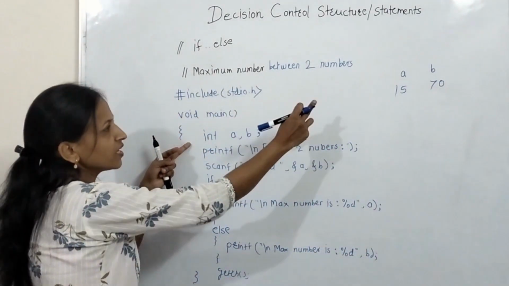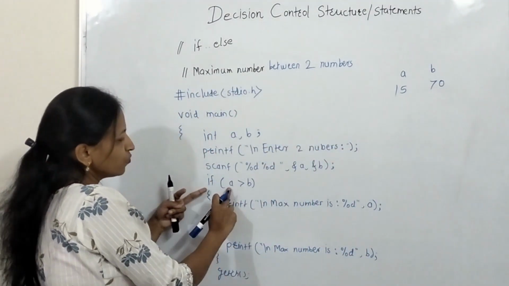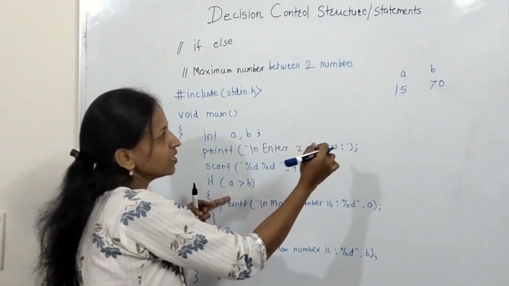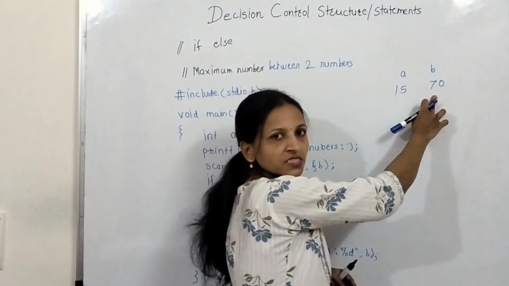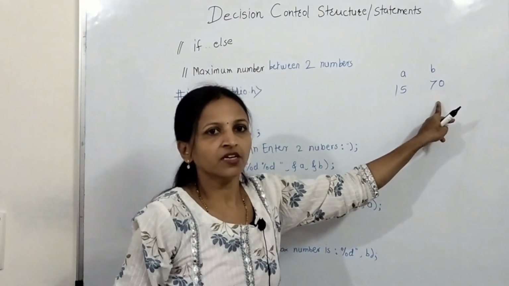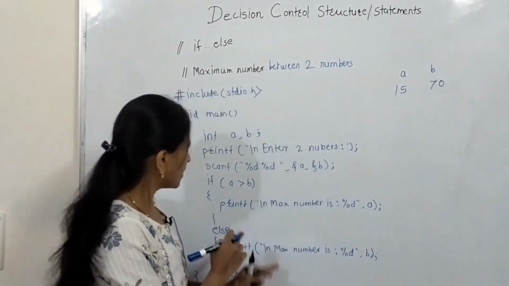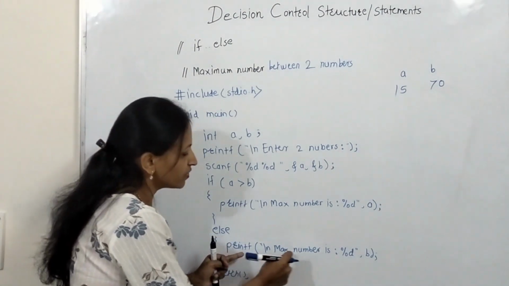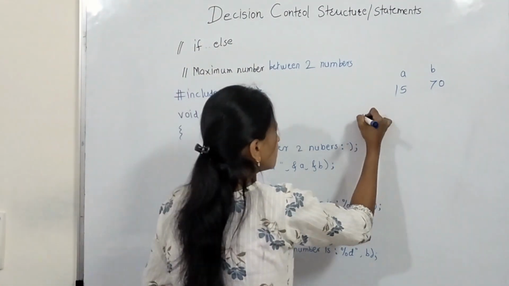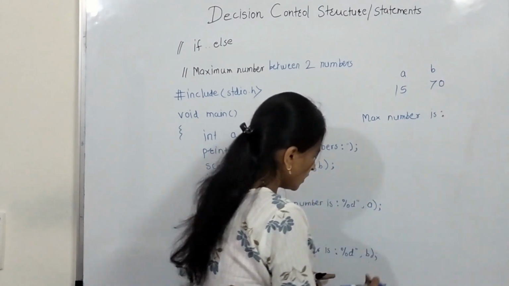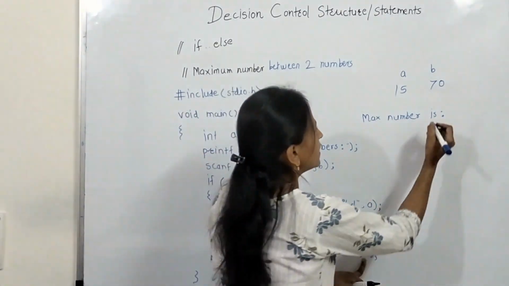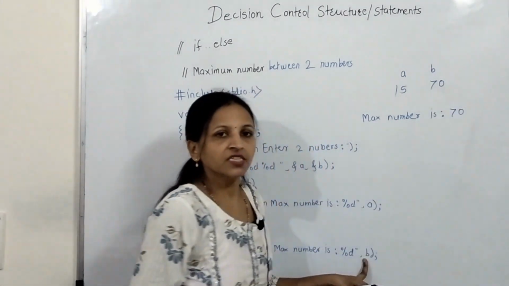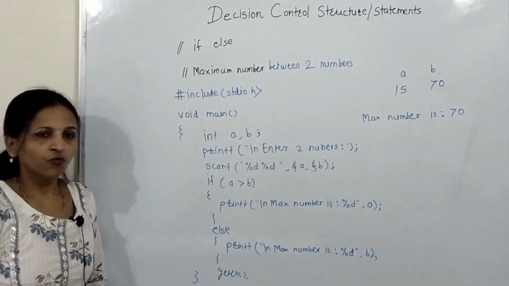Here A is 15 and B is 70. Is A greater than B here? No, it is false. That's why it will not execute this part, will directly come inside the else block and will display maximum number is, here it will display the value of B, that is 70. In this way this program will work.